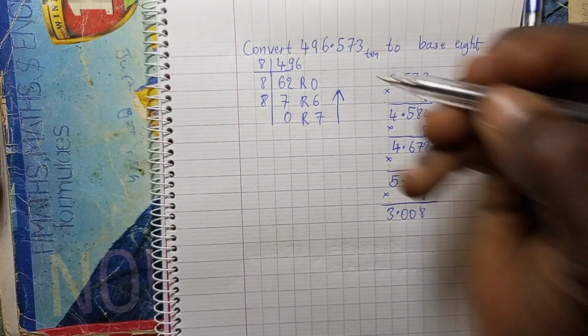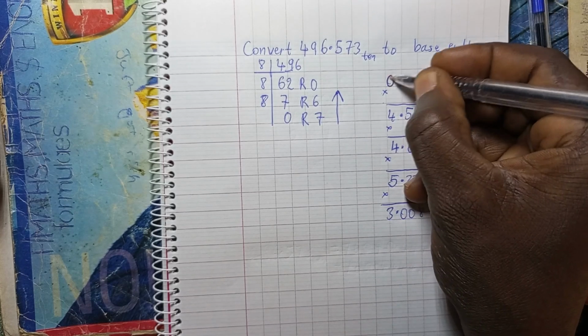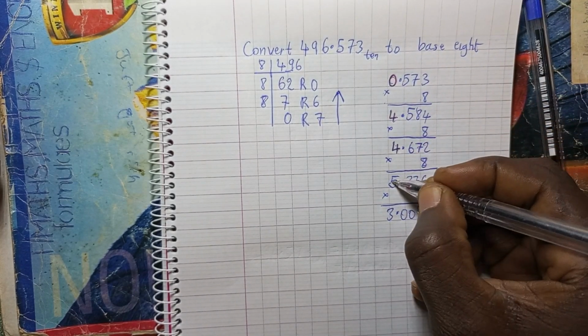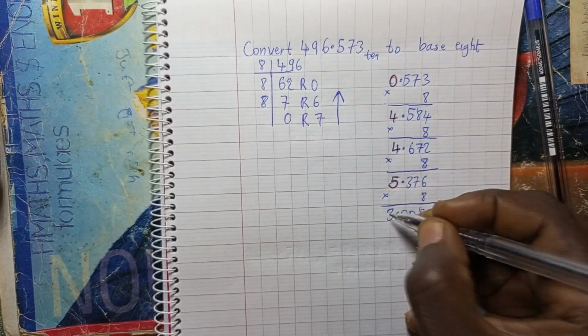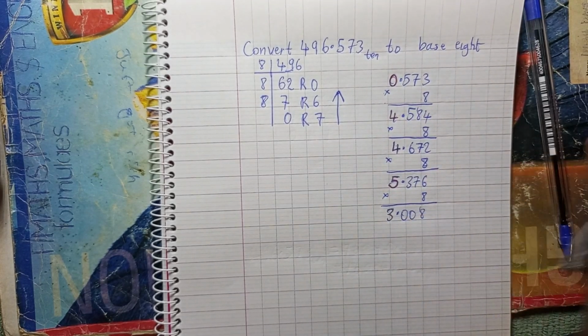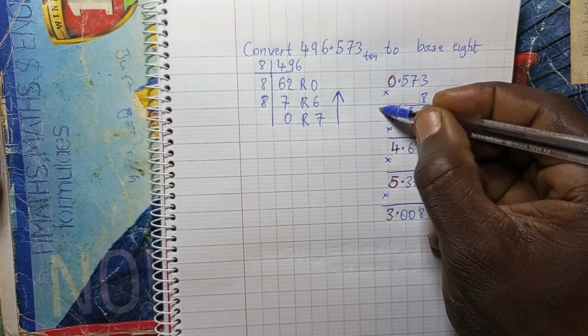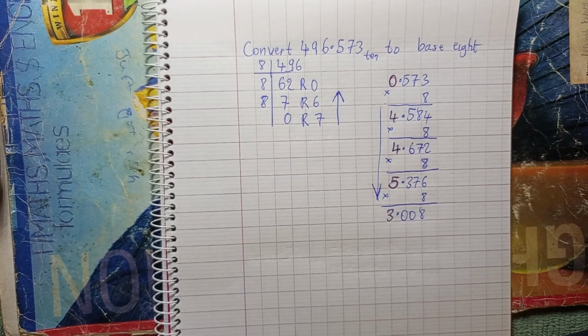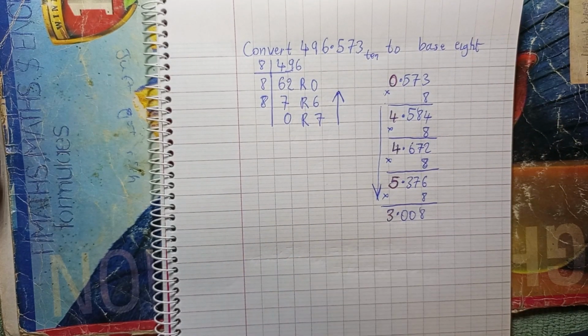So these are the things we're pointing out here, these ones, and now we take it downward this way.